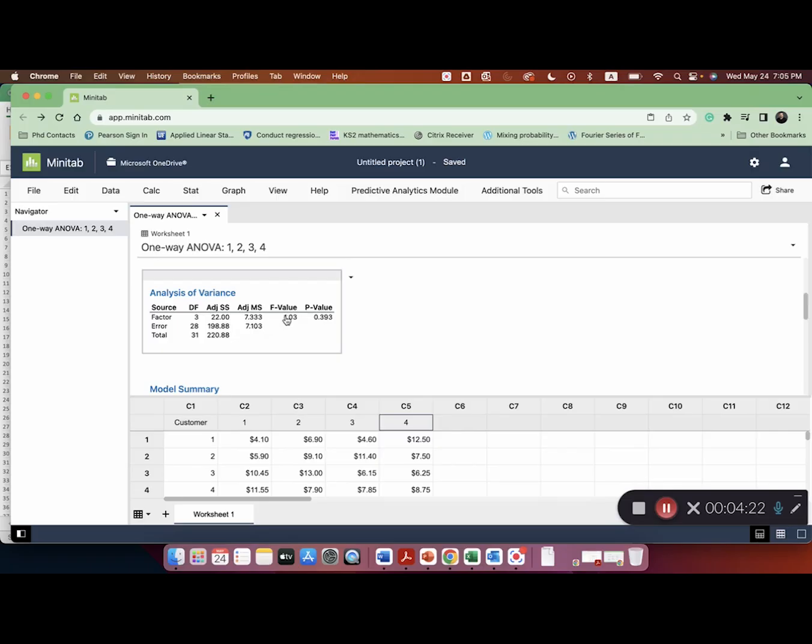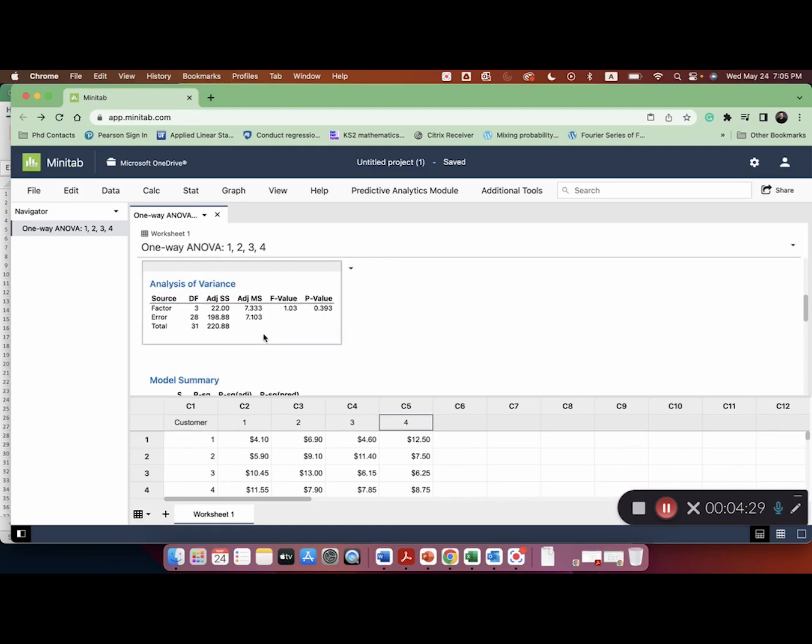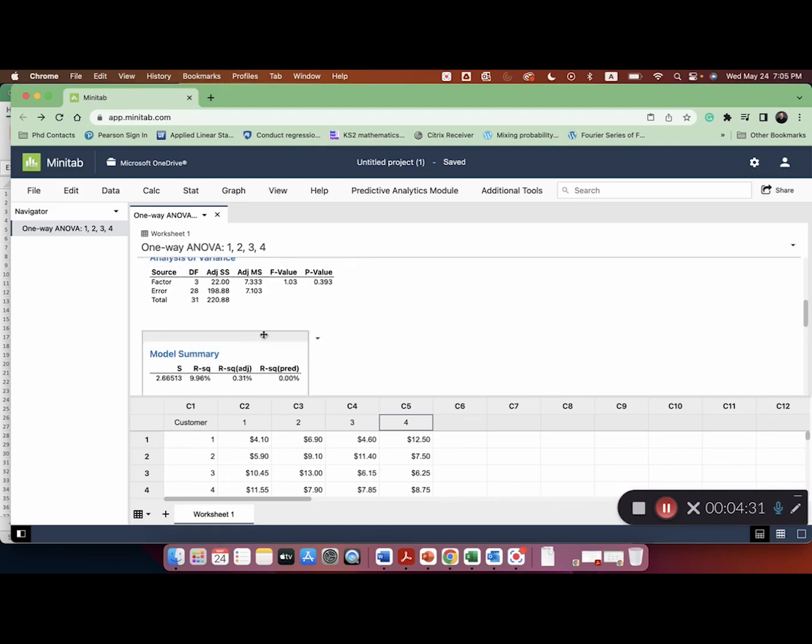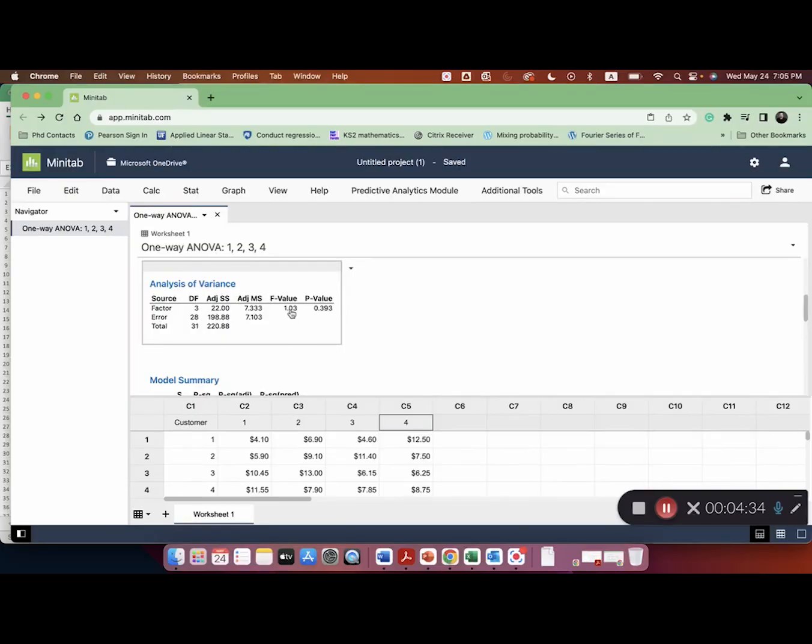Then we calculate the F value. The F value is you divide these 2 values, 7.33 divided by 7.103. What we get is 1.03. What is the p-value? The p-value is greater than the alpha, right?